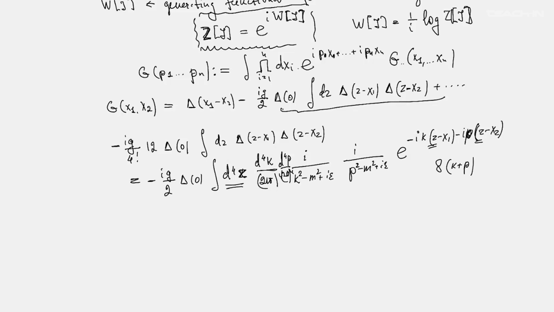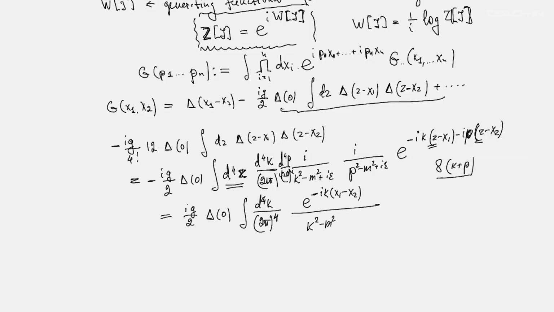So what you get here is explicitly ig over 2 Δ(0), with one integral left over, d^4k divided by (2π)^4, exponential of minus ik(x1 minus x2) divided by (k squared minus m squared plus iε) squared. The square appears because you have these two propagators, and since p is equal to minus k, then in the denominator you just get (k squared minus m squared plus iε) squared.